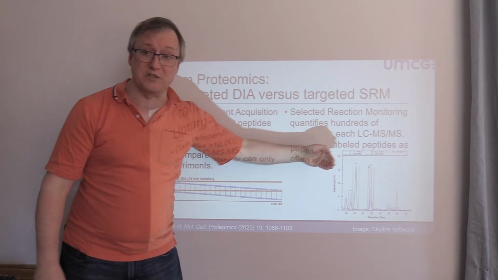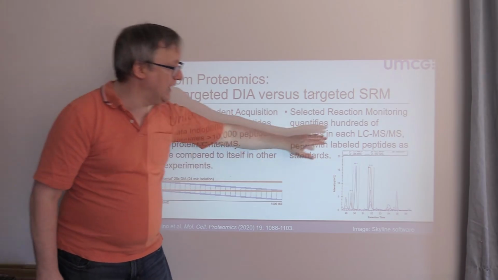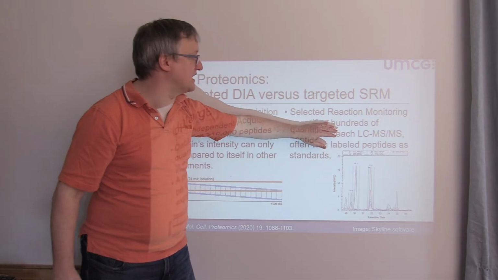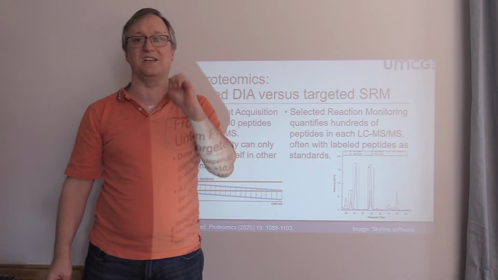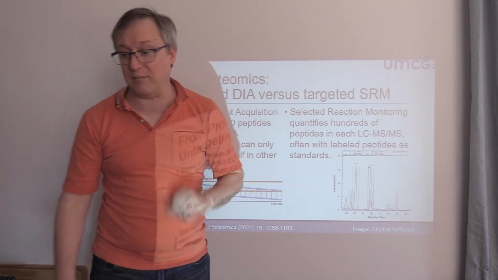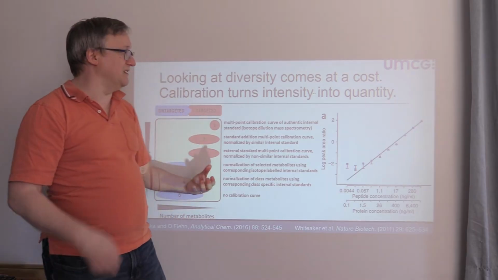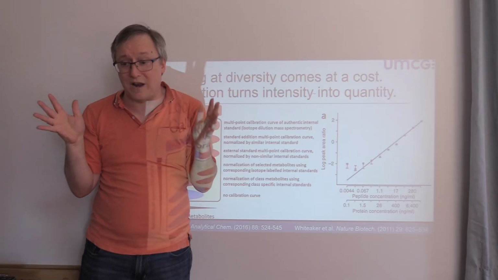So in proteomics, we would think of this as a discovery experiment or untargeted, and this as a verification experiment or a validation experiment. This is something where SRM is targeting just a set of pre-specified peptides. So it seems lovely that if you can quantify 10,000 peptides, isn't that everything you would ever need?